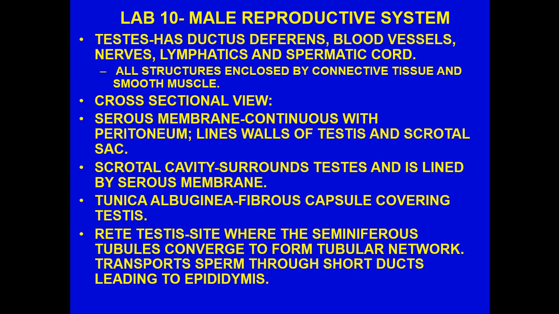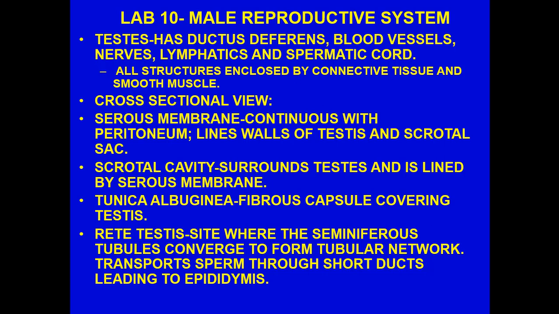So if you take a look at the second image there, you'll see the entire breakdown, a cross-sectional view of the testes. What you're going to find also is serous membrane, which is continuous with the peritoneum, and lines the walls of the testes and scrotal sac. The scrotal cavity surrounds the testes and is lined by serous membrane. And then you have the tunica albuginea, and that is a fibrous capsule covering the testes.